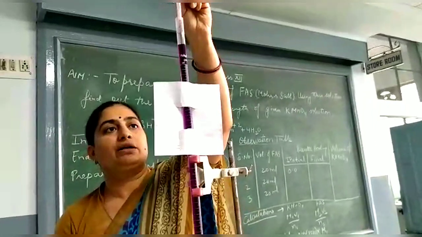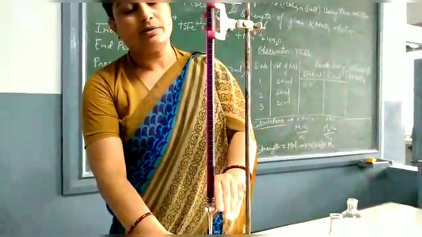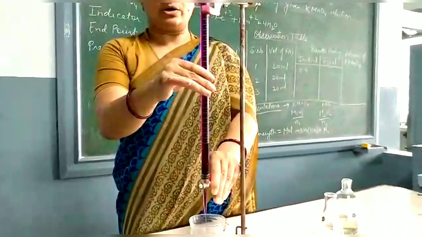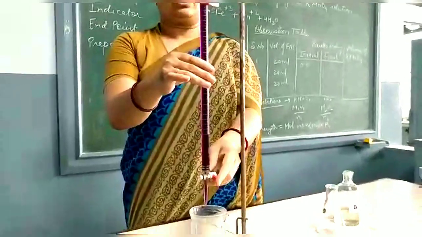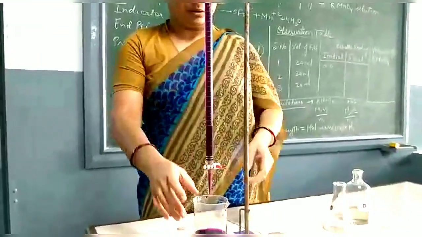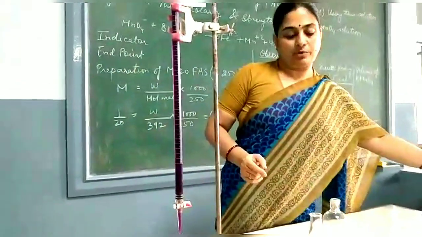I am removing the funnel and filling it up to 0 ml, taking the upper meniscus as it is a colored solution. So I have filled this KMnO4 solution in the burette.